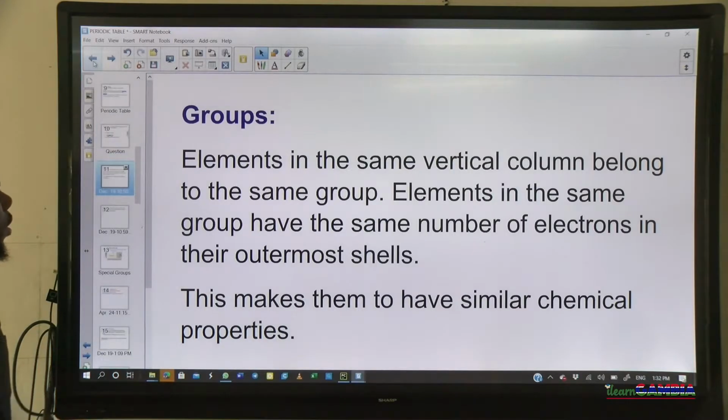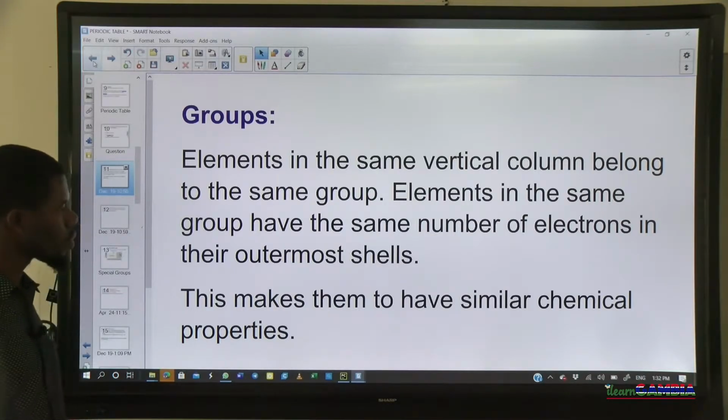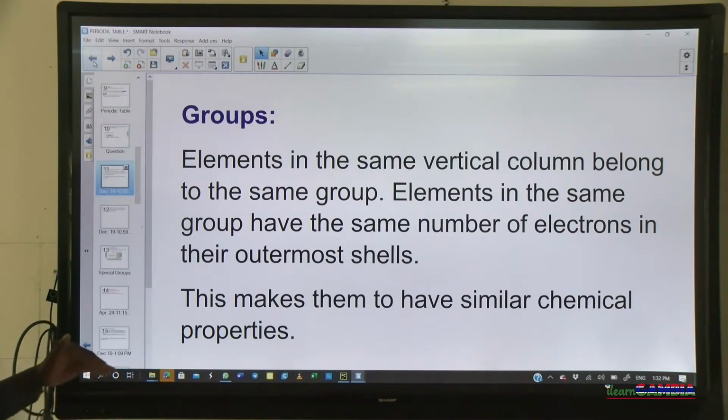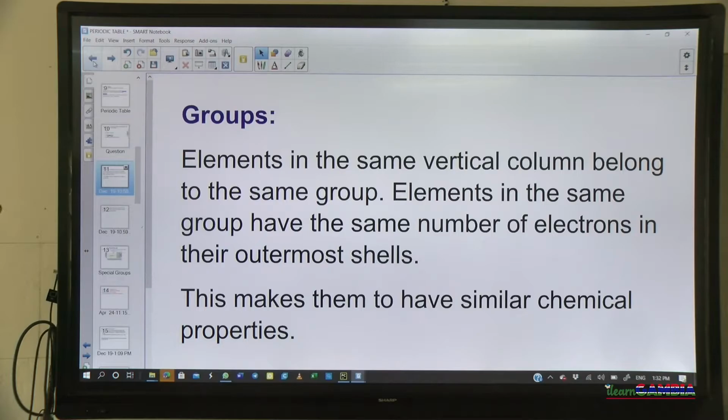So now we are looking at groups. Remember, we said that elements in the periodic table are arranged in vertical columns called groups and in horizontal rows called periods. So let's look at the groups in the periodic table. The elements in the same group have the same number of electrons in their outermost shells.